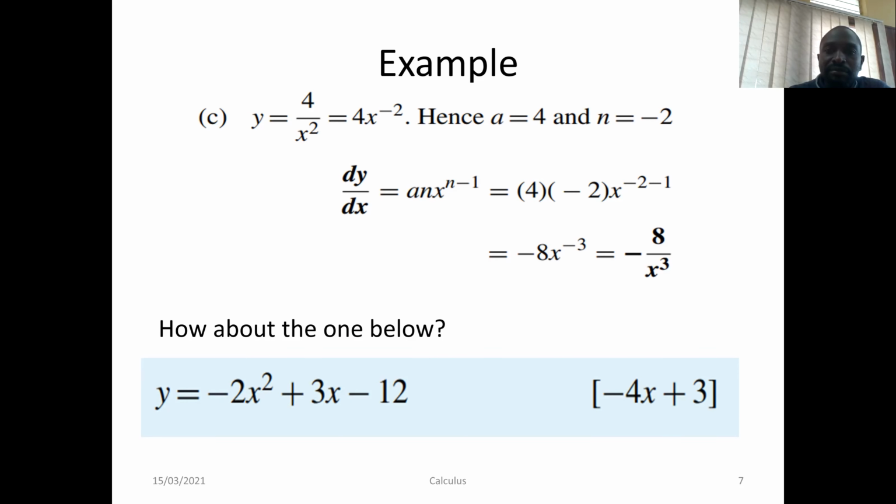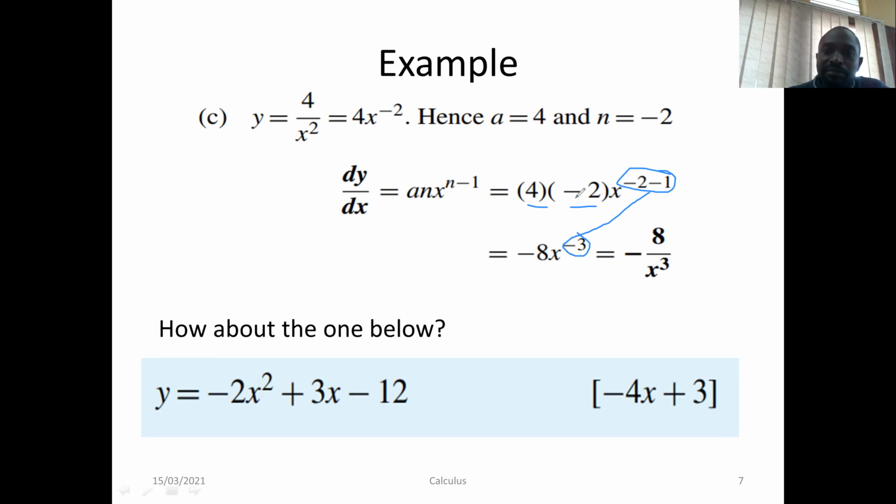Therefore, to find the rate of change of y with respect to x, again, we multiply the power by the coefficient, and then x to the power n minus 1. Which simply means, again, you take the 4, which is your a, multiplied by the power n, which is minus 2, minus 1. This part now reduces to minus 3.